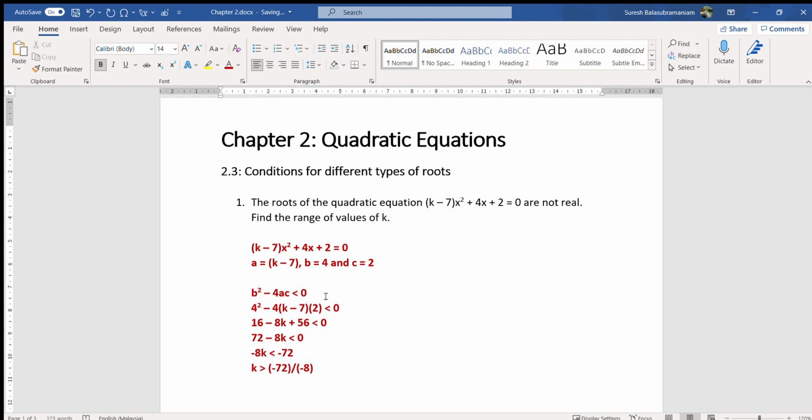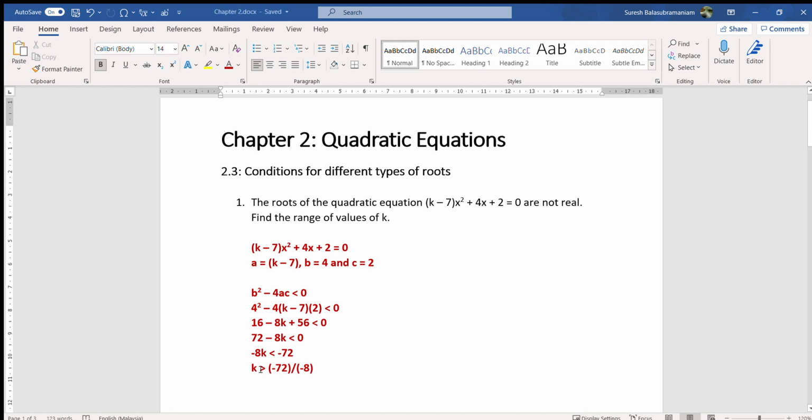Okay, now remember, when we move a negative number, negative 8, as a division or multiplication from left to right or right to left, the inequality sign will change. In this case, negative 8 goes from left to right. It becomes division here, so the sign changes direction.